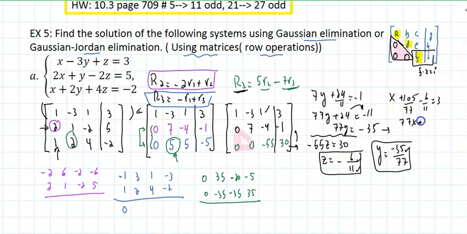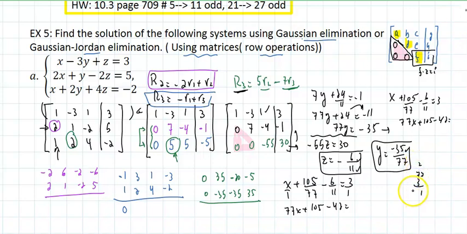So I have x plus 105 over 77 minus 6 over 11 equal 3. Clear the fractions. I have 77x plus 105 minus 7 times, yeah, that's 42, and 77 times 3, 231.